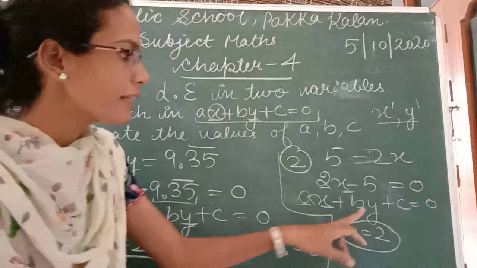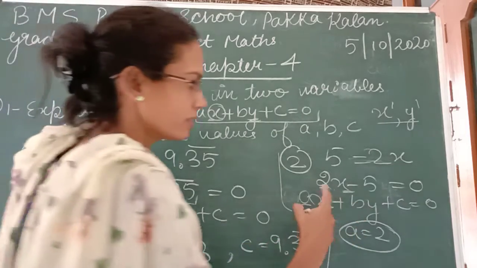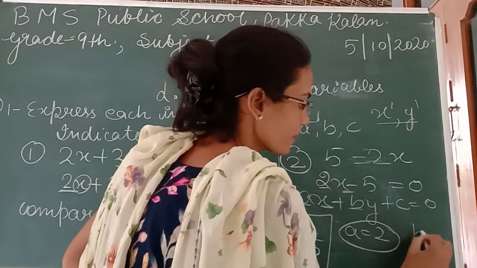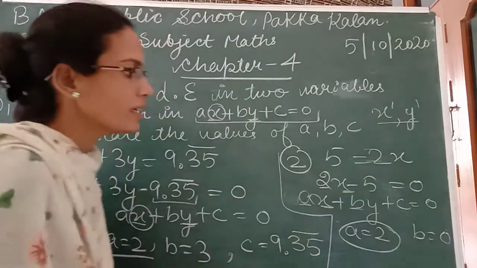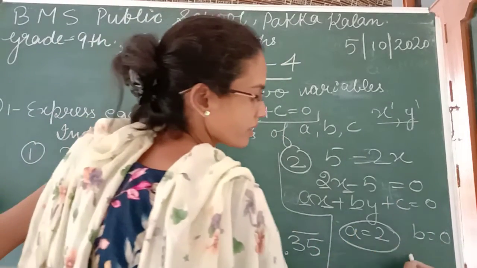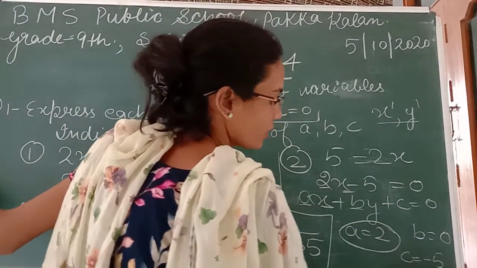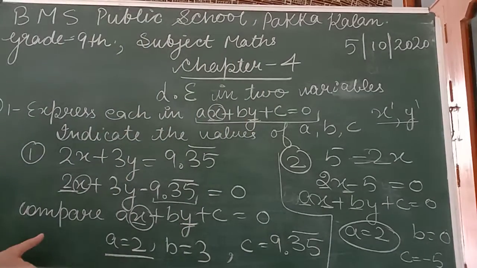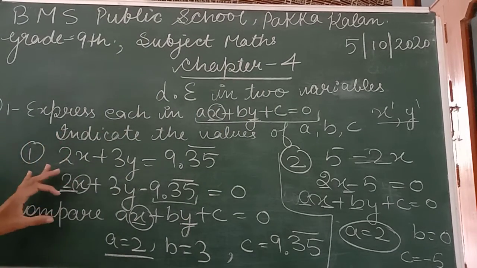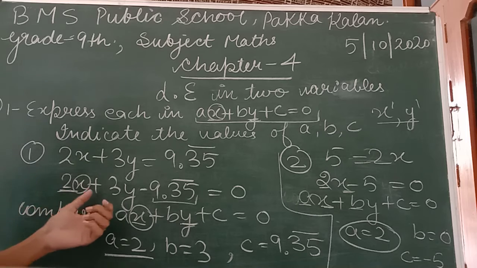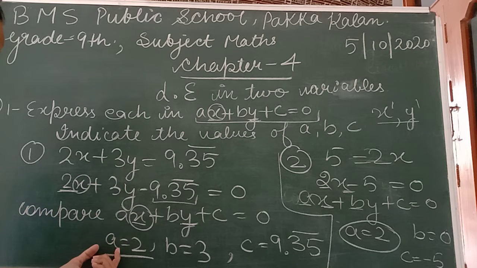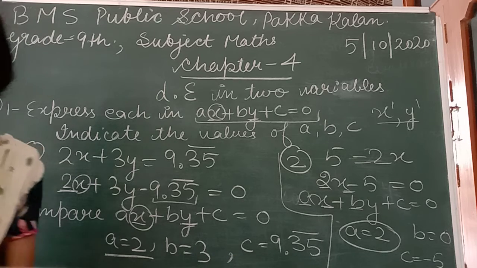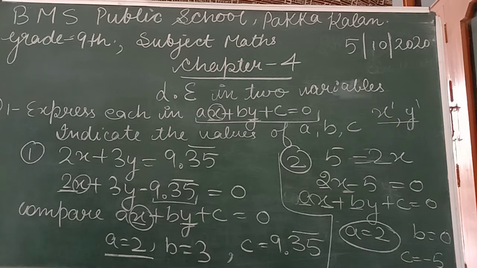The y coefficient is not present here, so b is 0. And the constant c is minus 5. Is it clear? This is a comparison of linear equations, and you find the values of constants a, b and c.